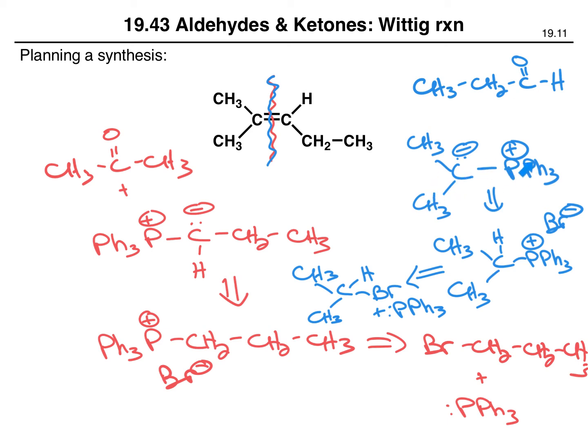And then this ylide is going to react with this aldehyde, where this carbon becomes double bonded to this carbon, giving us this product. So the Wittig reaction, despite the limitation of the lack of stereoselectivity, is a very useful reaction.